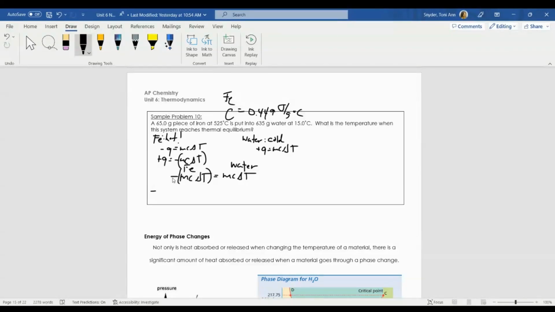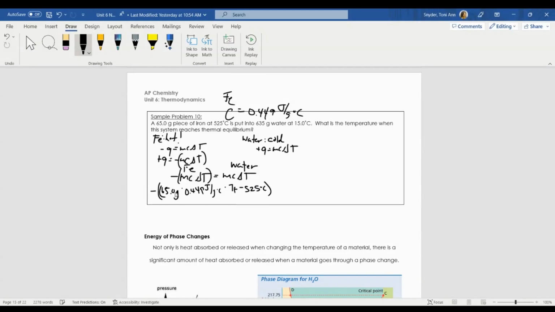Let's just fill in my values. So negative mass of iron is 65 grams times the specific heat, which I forgot to give you, but it's up there now, joules per gram degree Celsius, times delta T. I'm trying to find the final temperature, so TF minus the initial temperature, which is 525.